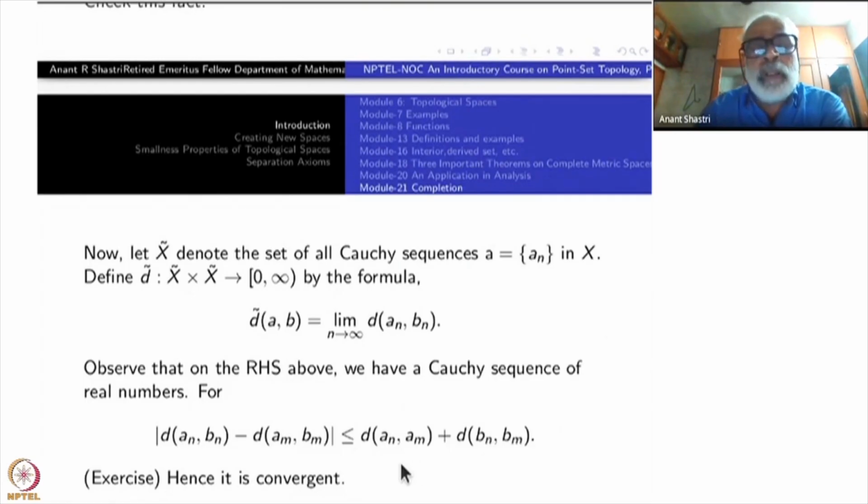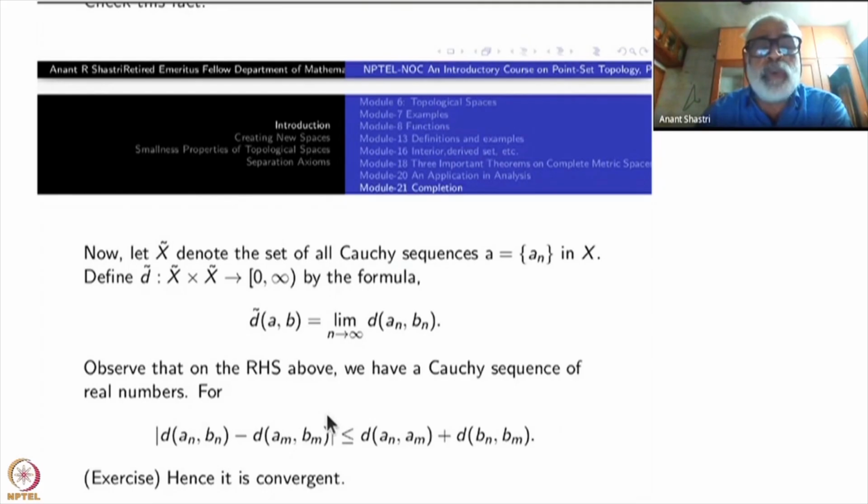Now, if n and m are very large, each of these is less than epsilon, or both of them are less than epsilon by 2, you can make that. So this is a Cauchy sequence of real numbers.